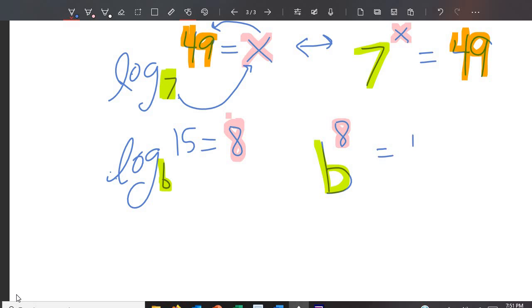And the answer is 15. So it's going to be important to learn how to do this, because later on what we're going to be doing is solving equations by doing this switching back and forth.